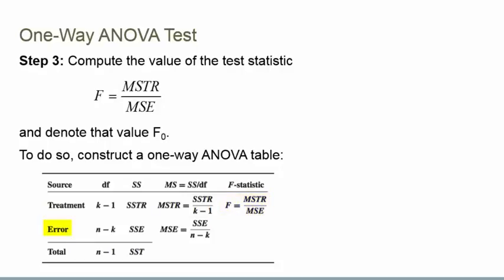Our error: n minus k degrees of freedom, our SS is SSE, MS is MSE equals SSE divided by n minus k. Our total is n minus 1, and our SS is SST. We are going to use our calculator to find F so we won't have to construct this table.